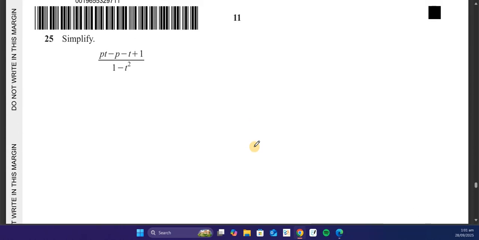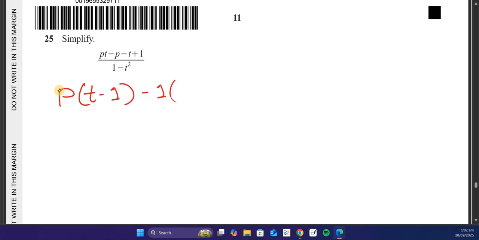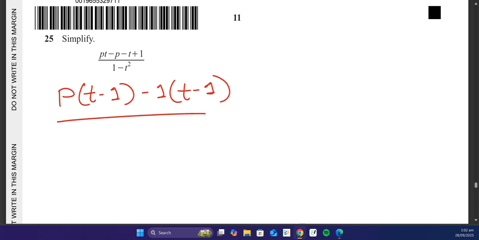Moving on to question number 25. Simplify pt minus p minus t plus 1 over 1 minus t squared. Okay, so let's write it down. Let's take out the common factor first. So p(t minus 1) minus 1(t minus 1), over 1 minus t squared. What if we use the identity a squared minus b squared?